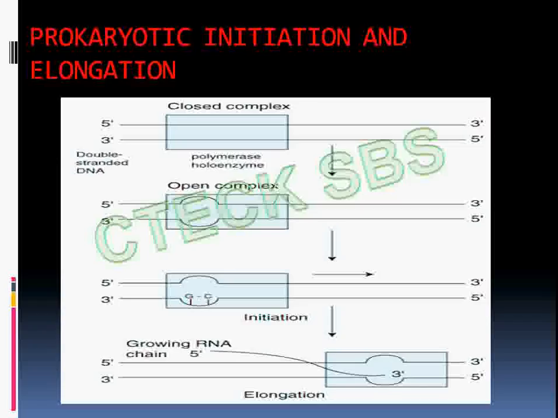So first, a closed complex is formed, which converts into an open complex, which carries forward the initiation process of transcription, then the elongation, termination, again a closed complex. So a recycled chain occurs.